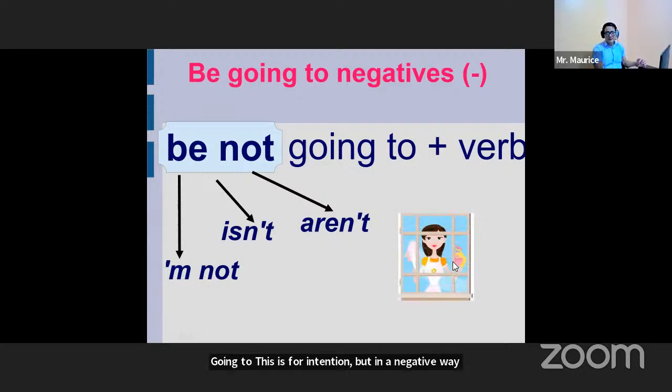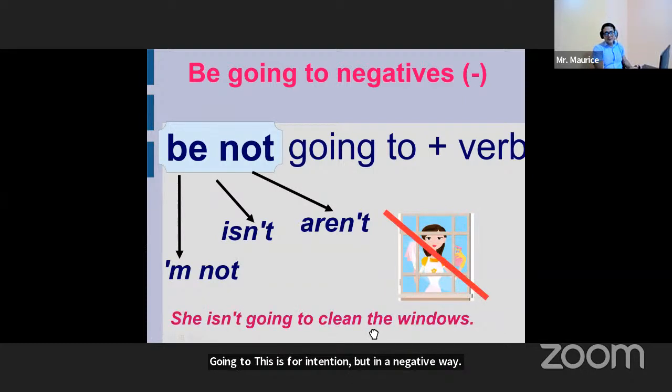Take a look. She isn't going to clean the window. Esto es una intención en negativa. No va a ir. No va a bailar. No va a estudiar. O cualquier tipo de una intención negativa, ¿ok?